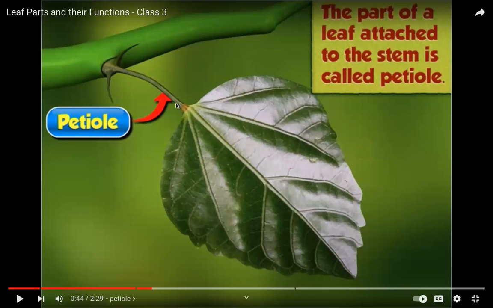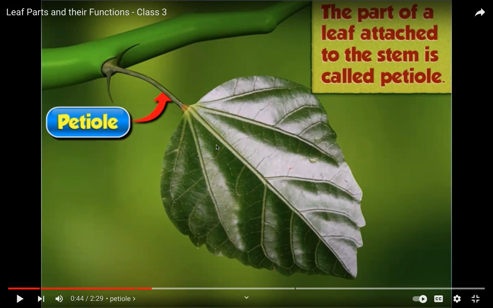Tell me, beta, Tuhin. What, ma'am? Tell me the most important function which I told you just now. The petiole helps the leaf to remain attached to the plant, or the petiole holds the leaf to the stem.